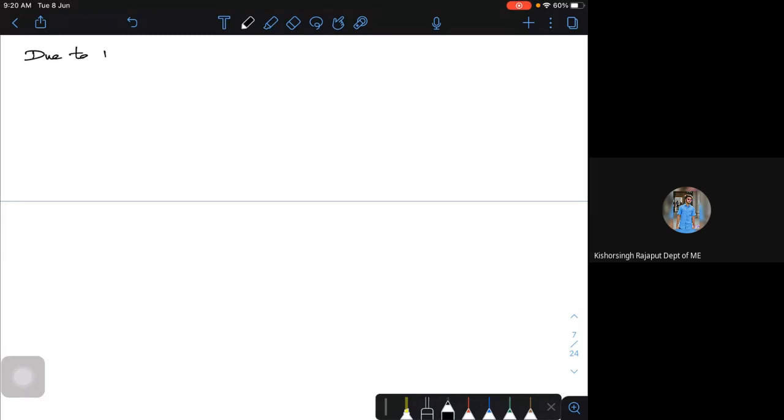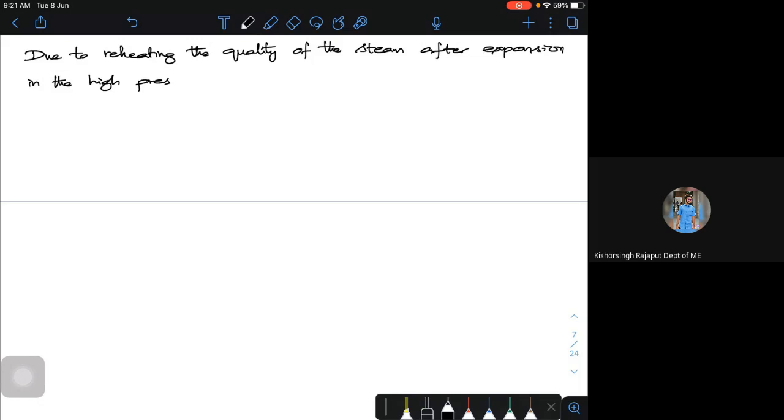Due to reheating, the quality of the steam after expansion in the high pressure turbine is better. So the dryness fraction is more.